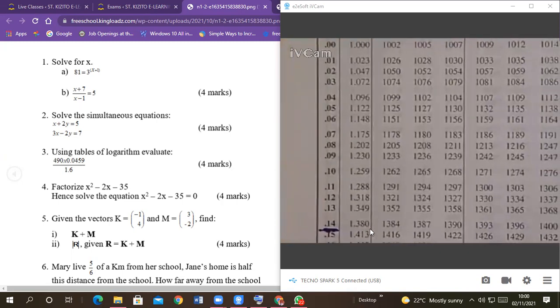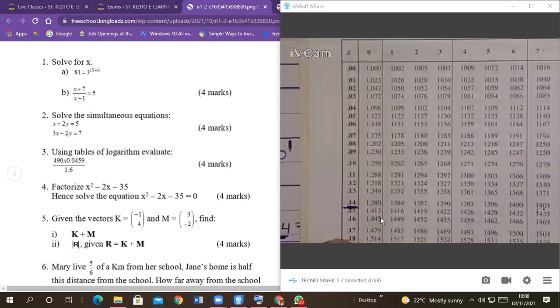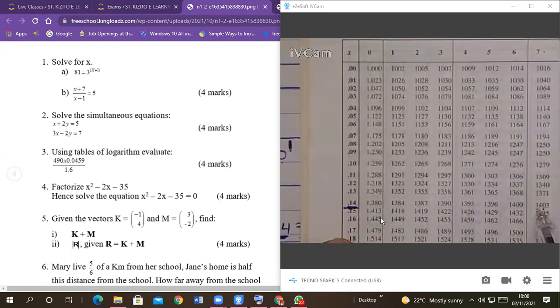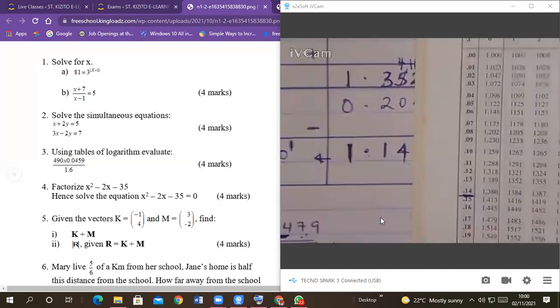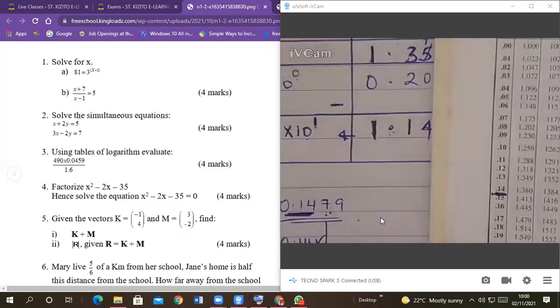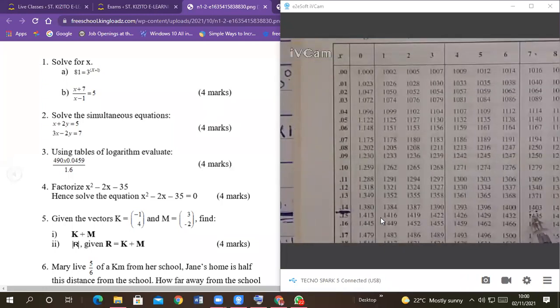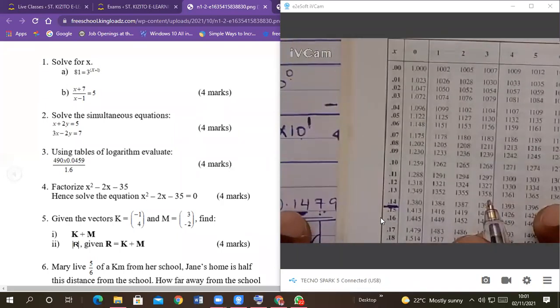Now if I zoom out a bit for you to see clearly, this one which is here, for the column of 7, it is 1.403, because our number is 0.147. So I finished finding 0.14.